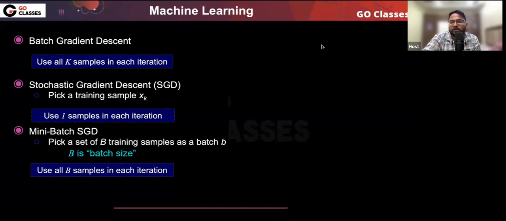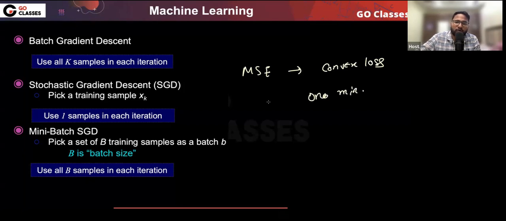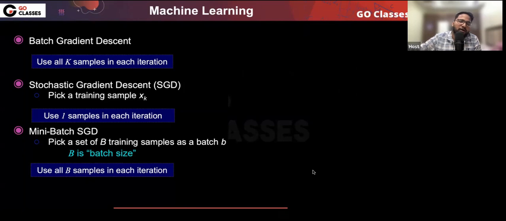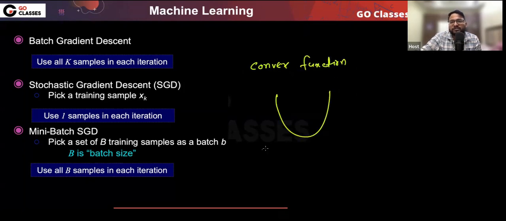This is a convex function, convex loss. It has just one minima. If there are many minimas, then you just want one of them. Whether it is a global one, you can't say. But generally in machine learning, we will be dealing with convex optimization problems or convex functions, where the functions are of this shape and we have only one minima.